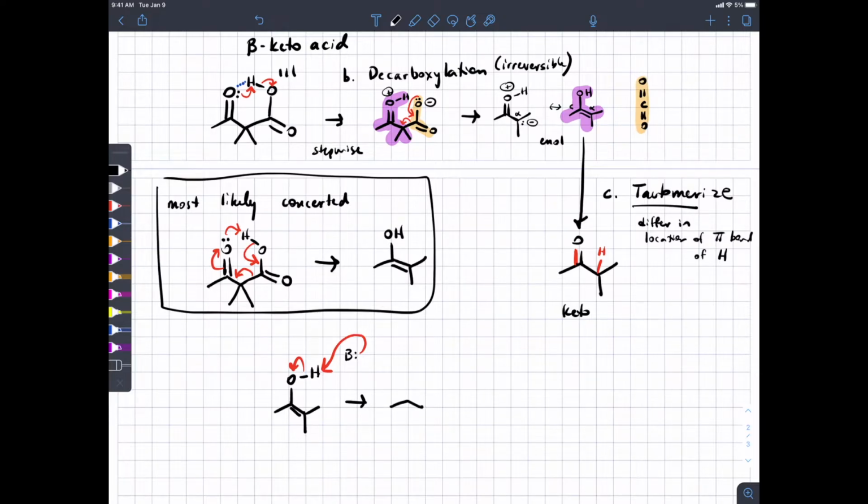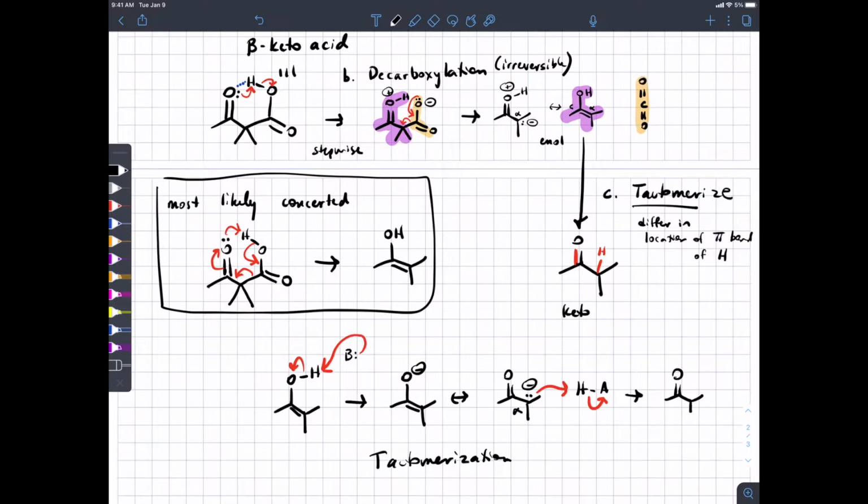You make the enolate again, which of course has a resonance structure where you could put the negative charge on the alpha carbon, and then you simply reprotonate, probably with the conjugate acid of whatever base you used, on the alpha carbon, and that gives you your ketone form. Okay, whenever somebody writes tautomerization, that's the process.